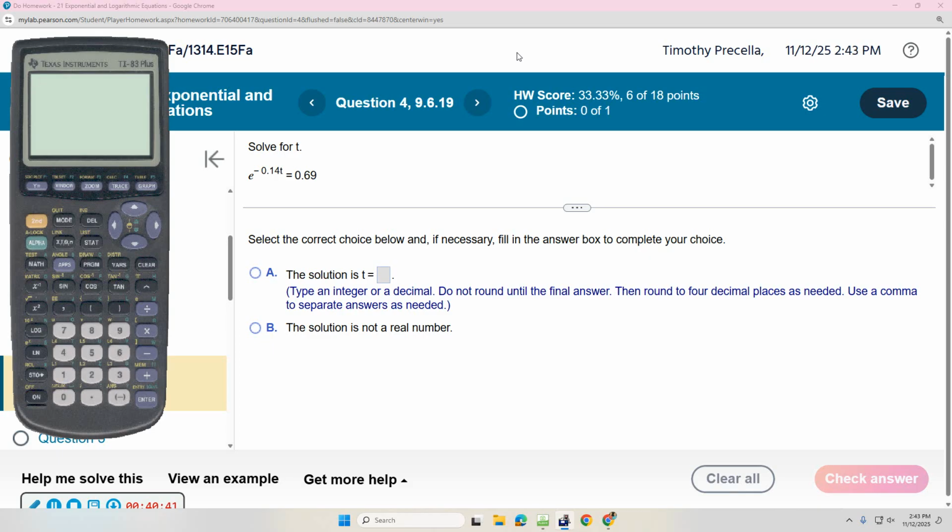I'm going to see which of y'all remember what we were doing. E to the negative 0.14t is equal to 0.69. Now, type an integer, round to 4 decimal places. So let's remember that. I'm glad you checked that.